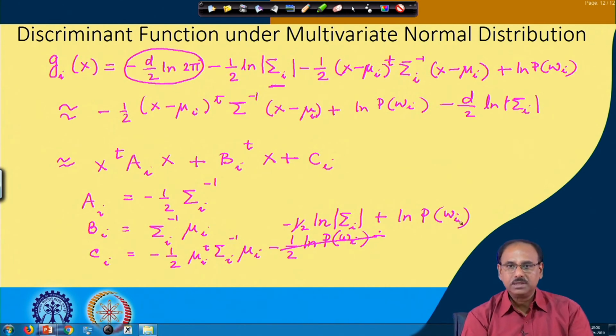So, my discriminant function becomes a nonlinear or quadratic discriminant function.